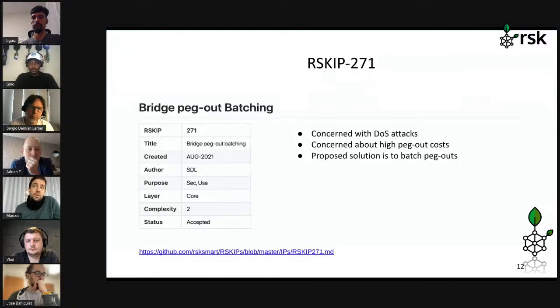This will create a transaction that is a bit bigger than the previous case because it will have more outputs, but the cost will be divided among all the users who requested the payout, making it cheaper for users to do a payout.